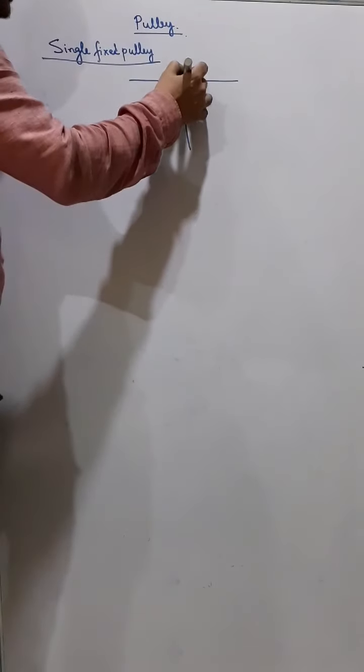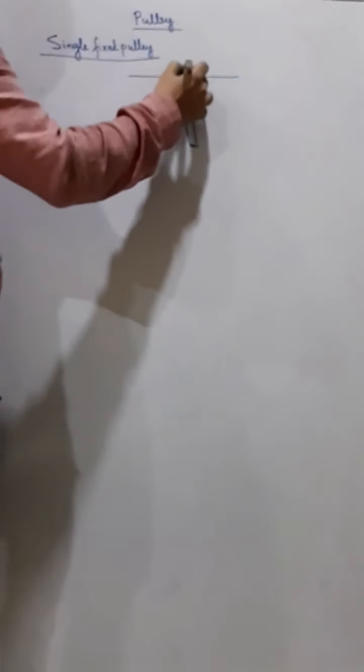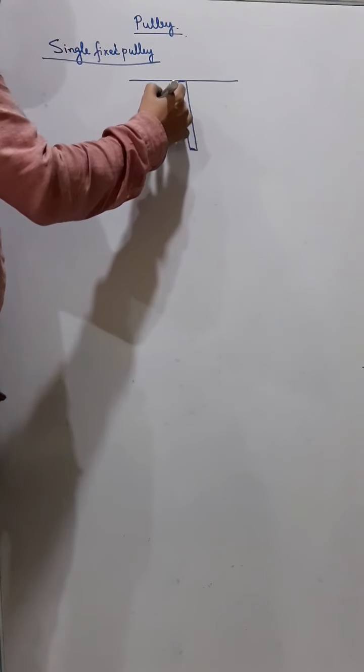Now a single fixed pulley means one in which the axis of rotation of the pulley is fixed. Now suppose this is a wooden block, and between this block a pulley is fitted.